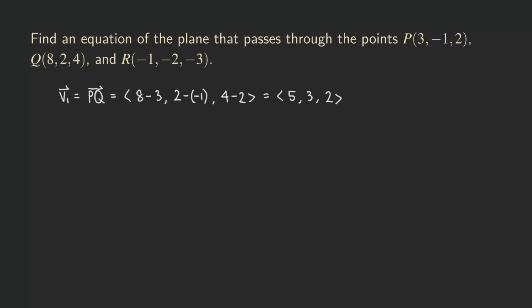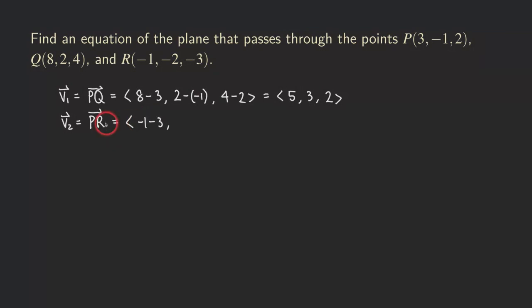Now we need to construct the second one. We are still using P as the initial point for the vector, but this time we use a different terminal point. We're going to go from P to R. We do the same idea: we take the x value of R, subtract the x value of P, so we get -1 minus 3.